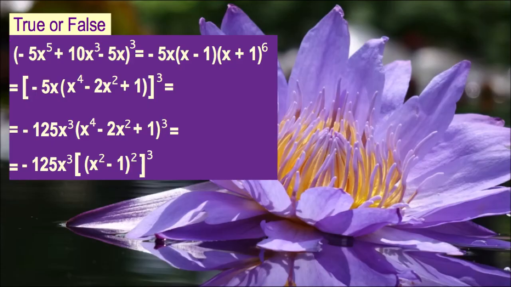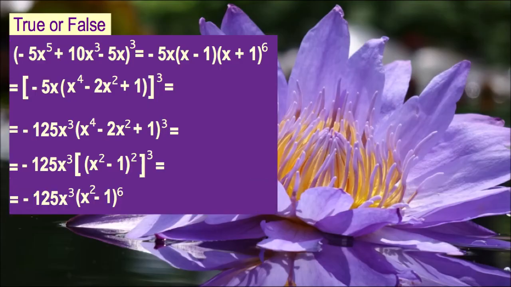So we compressed that trinomial into a binomial squared. Now, when continuing to perform calculations, we obtain negative 125x cubed times the quantity x squared minus 1, everything raised to the 6th power.